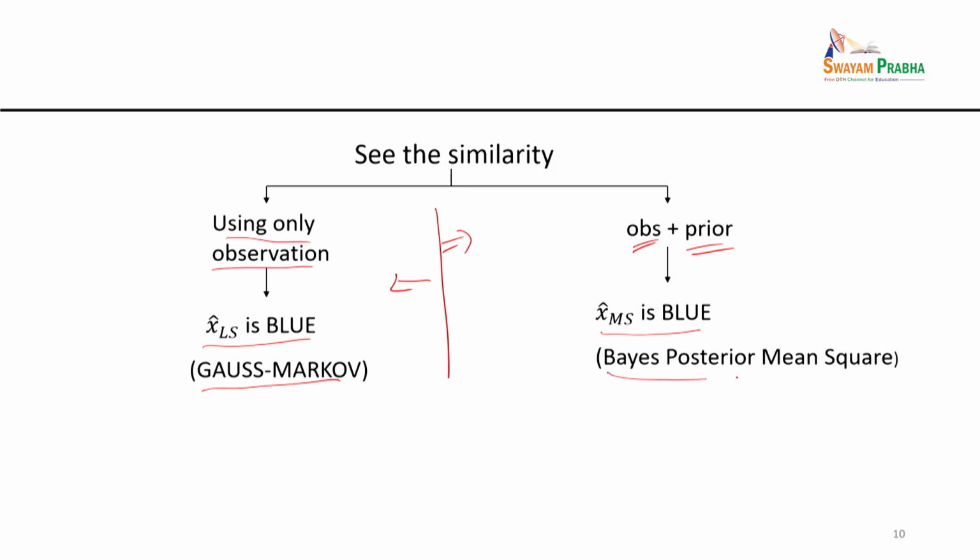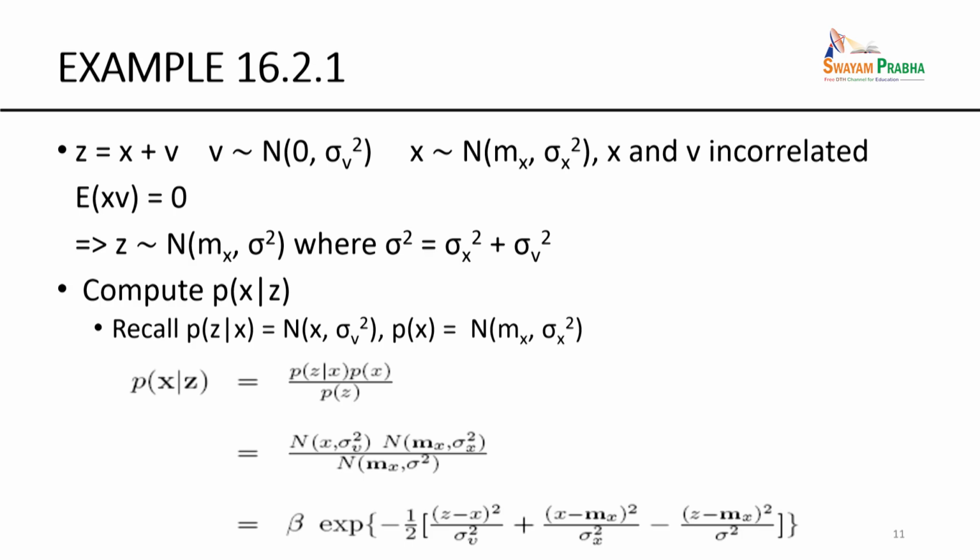Therefore, Bayes posterior mean square and the Gauss-Markov theorem are two ways of attacking, formulating the statistical estimation problems, and there is a lot of undercurrent of similarity between the two, and that's what I wanted to emphasize.